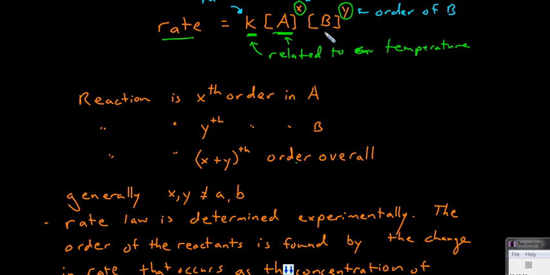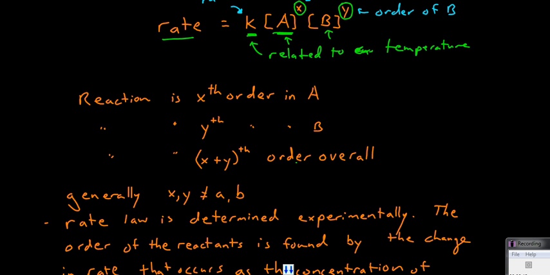Or by doubling the concentration of a reactant and holding the other reactant's concentration constant, we can double the rate of the reaction, or quadruple, etc. Changing the concentrations of these changes the rates of reaction.